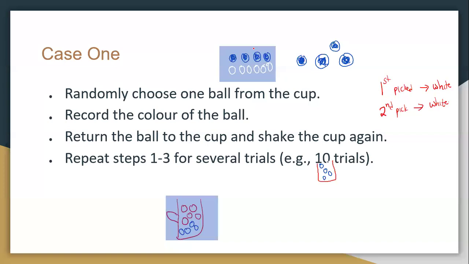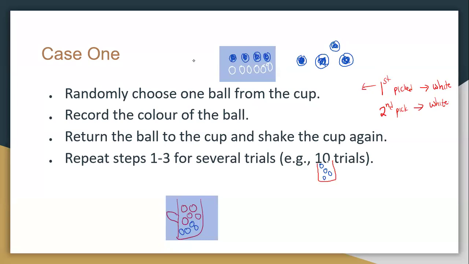Have we finished, members? Now, make sure you don't look there. I want us to first go back. For the first picking, members, what was the probability for those who picked white? What was the probability of picking white?